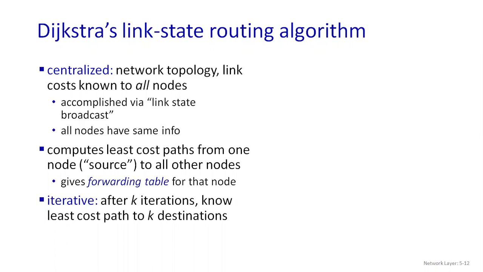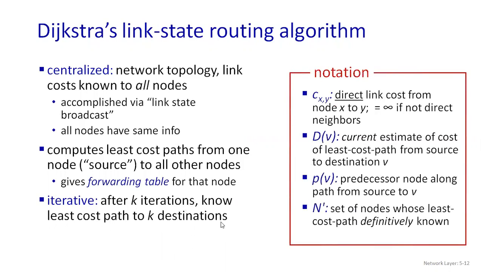So if I want to do it that way, then definitely I have to follow some steps. Those steps I have written here as my iteration steps, so that is known as my k iterations. Through that I am going to find the k destinations. So how does my algorithm look?